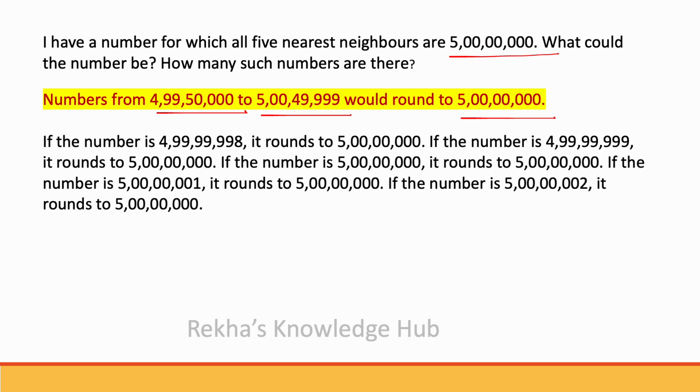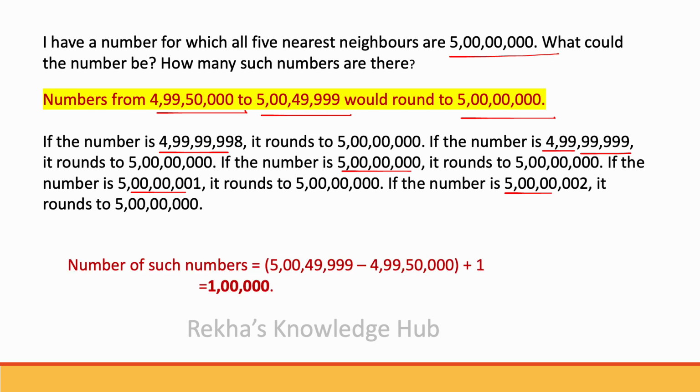See the numbers here: 4 crore 99 lakh 99,998, 4 crore 99 lakh 99,999, then 5 crore 1, then 5 crore 2. All these numbers round to 5 crore.